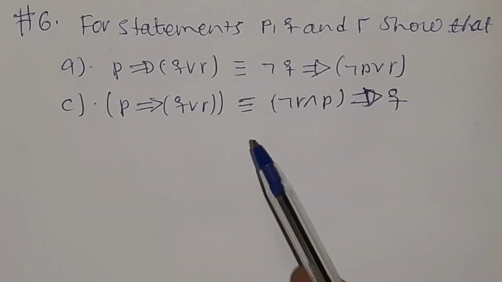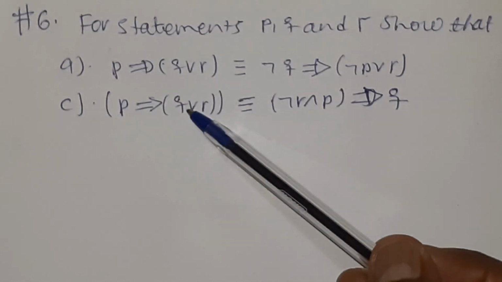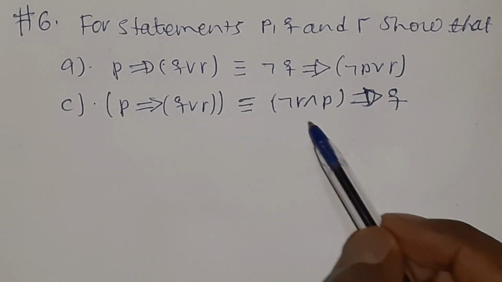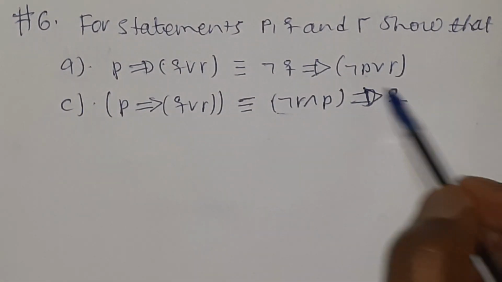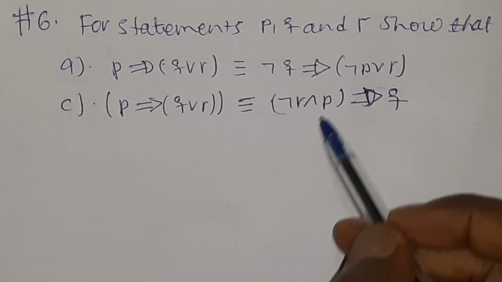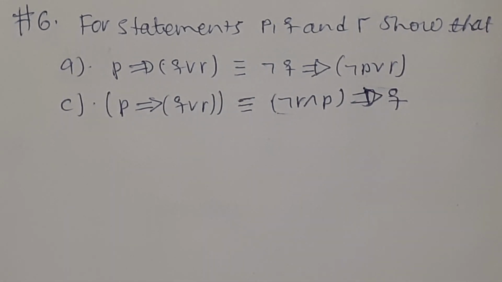The next one, that is question number B, is again the same. The only difference is here, so that we can include one column over the previous truth table.